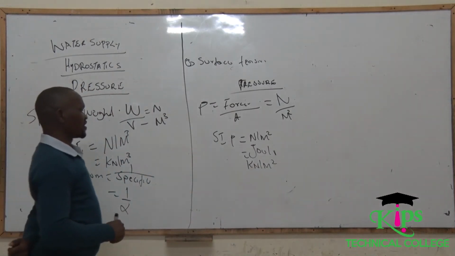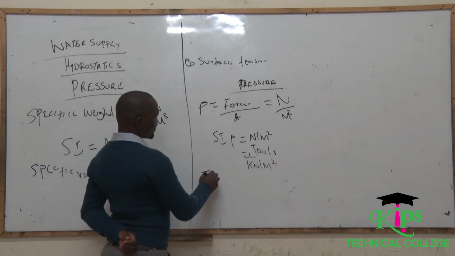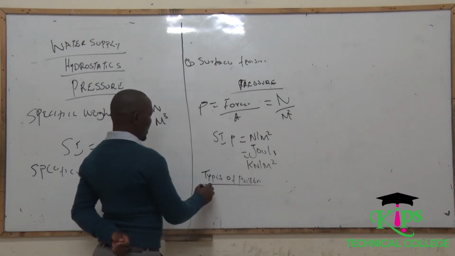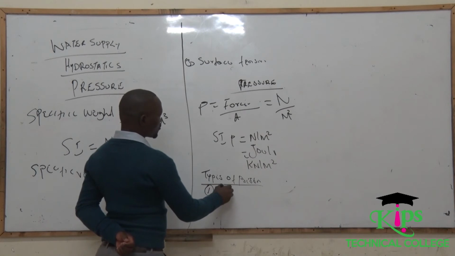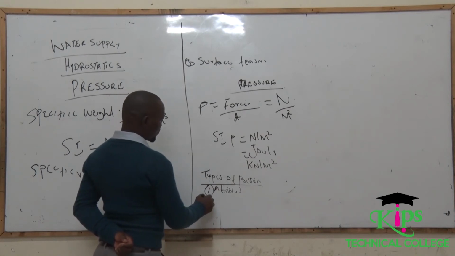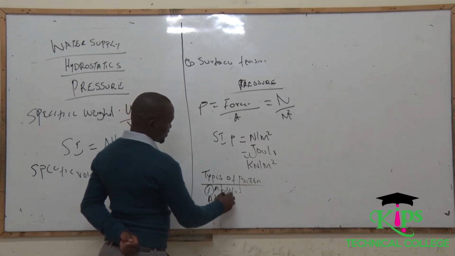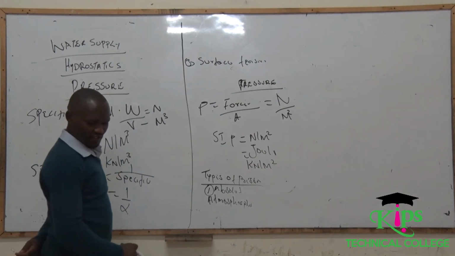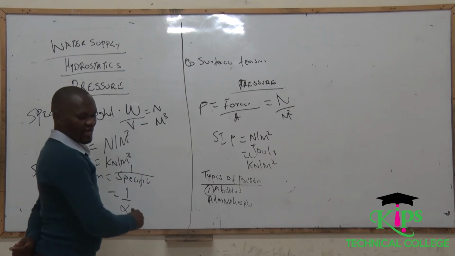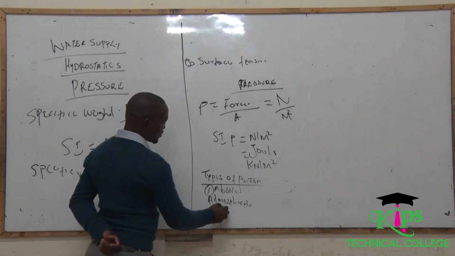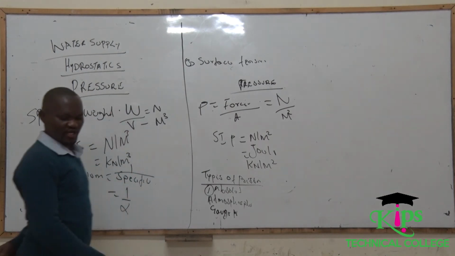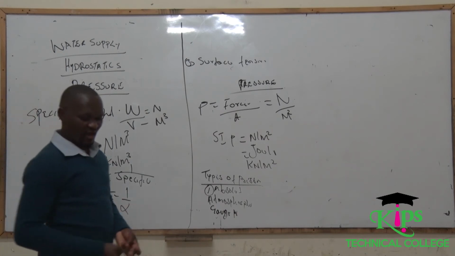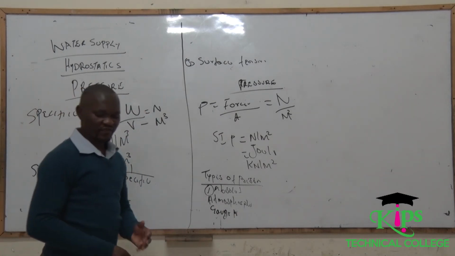Then we talk about types of pressure. We simply have three types of pressure: absolute, atmospheric, and gauge pressure. Atmospheric pressure is the pressure exerted by the column of air above the surface of the earth.